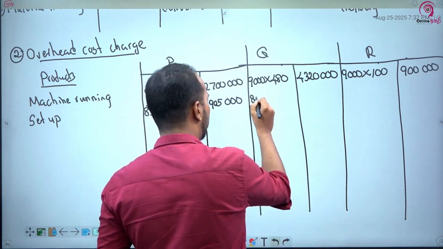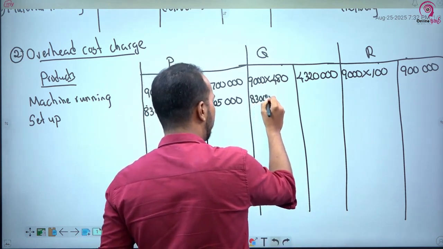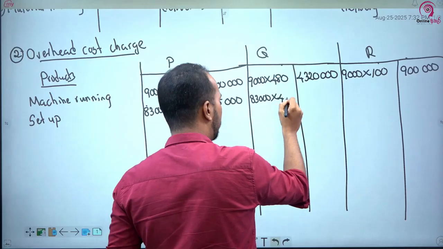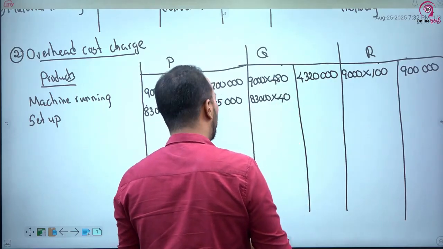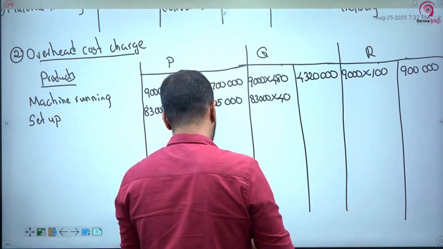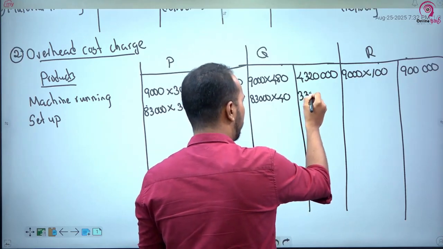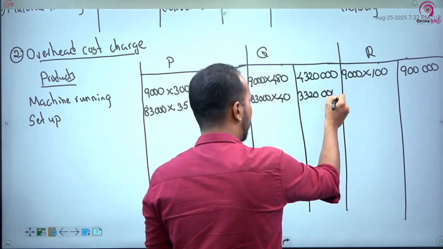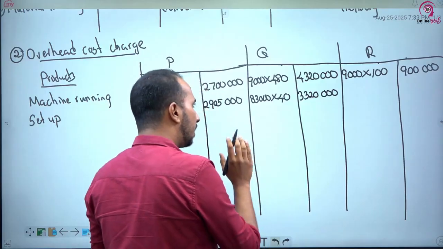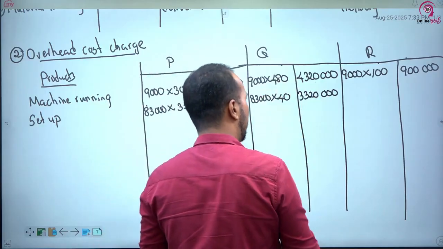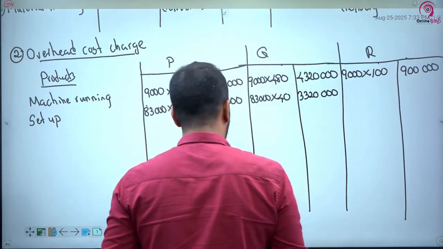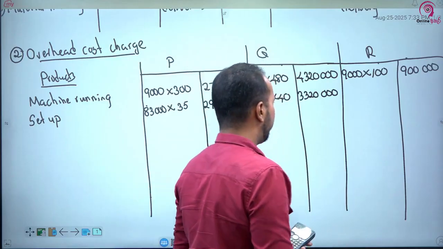So 83,000 is the cost per cost driver, multiplied by 40, which is the number of production runs for product Q. So 83,000 multiplied by 40 means it is 3,320,000.